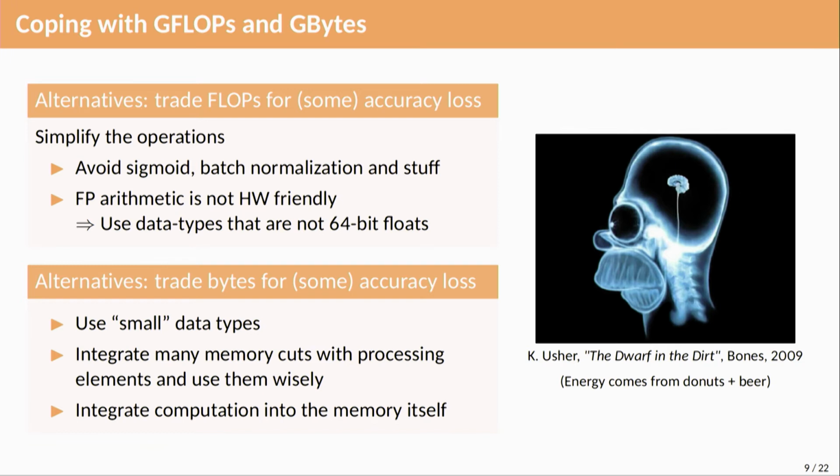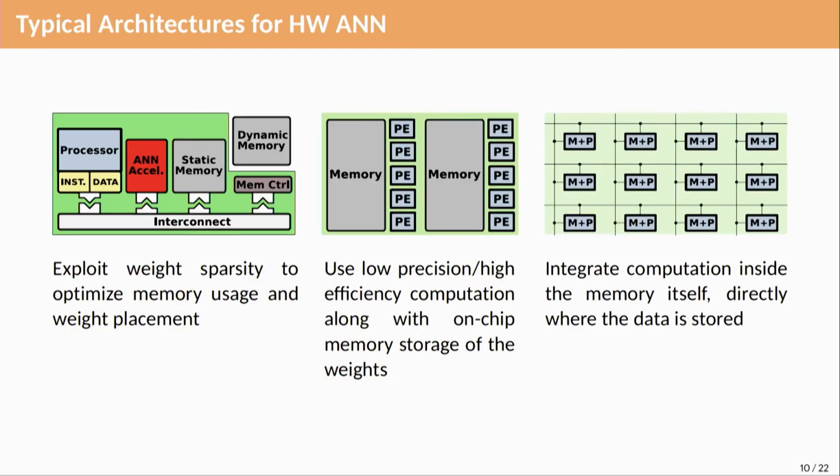In terms of memory usage, we will trade bytes for accuracy also, using small data types with a small number of bits, and we will integrate many memory cuts with the processing elements in order to have the data close to the computation. And there is even a trend in integrating the computation directly inside the memory, and we will come back to that a bit later on.